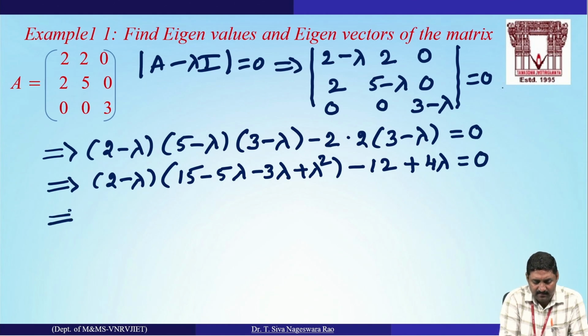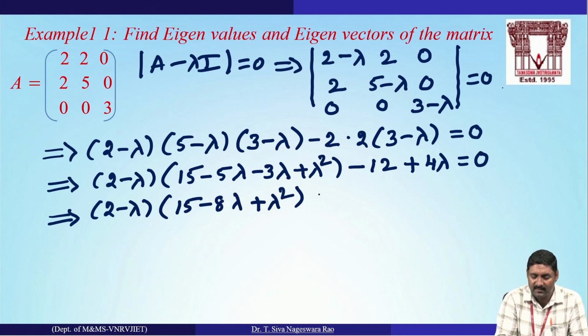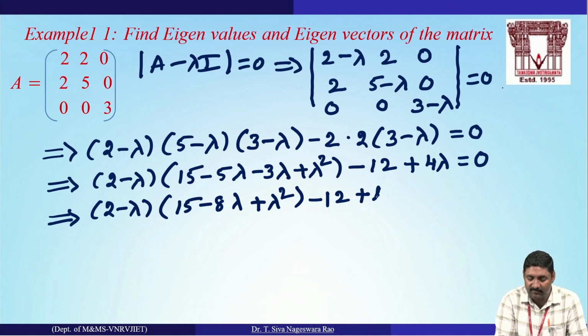This implies (2 minus lambda) into (15 minus 8 lambda plus lambda square) minus 12 plus 4 lambda is equal to 0.